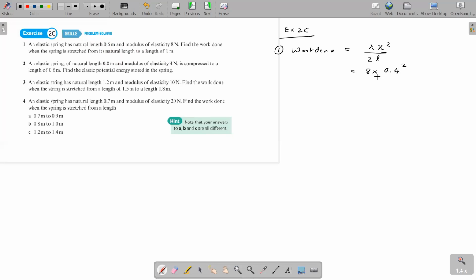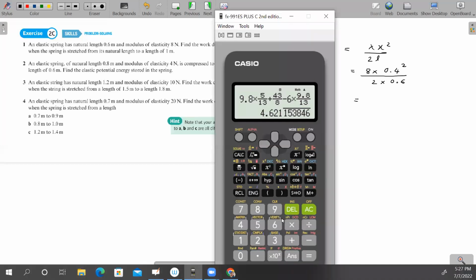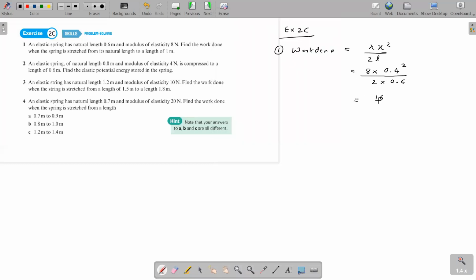So that is x square over 2 times natural length, 0.6. How much is the answer? 8 into 0.4 square over 2 into 0.6. 16 over 15. 16 over 15 joules.